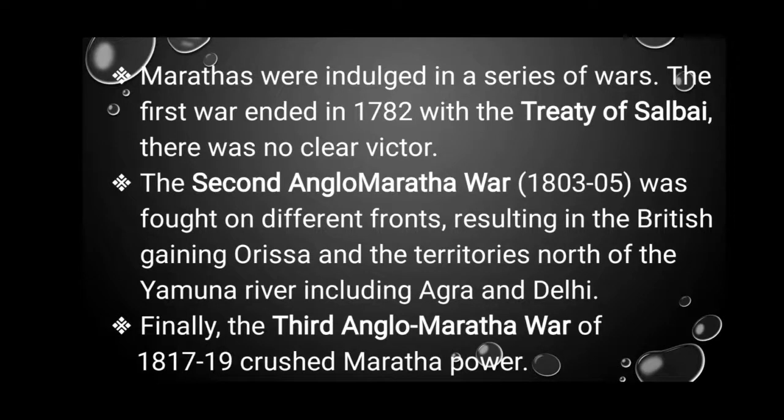Next, the Marathas were indulged in a series of wars, that means they fought many wars with the East India Company. The first war entered in 1782 with the Treaty of Salbai, and there was no clear victor. That means the first war ended in which year, dear children? 1782, and it ended with the Treaty of Salbai.